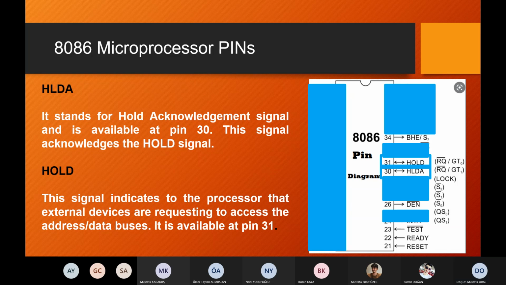After seeing that an external device wants to get the ownership of the buses, the microprocessor sends a hold acknowledge signal back to the external device, then puts itself into stealth mode.